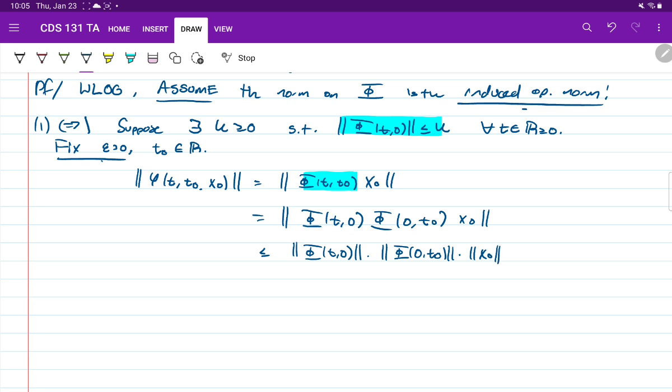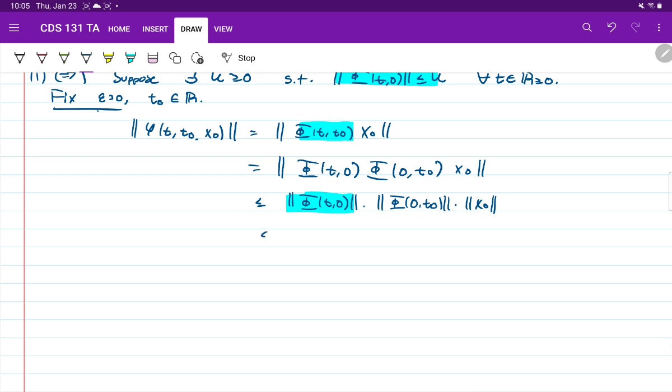Okay, now we can go ahead and apply our bound, right? Because we recognize that's the quantity that we know how to bound, all right? So we go ahead and apply this. This is less than or equal to k times the norm of phi of 0, t naught, multiplied by the norm of x naught, okay? What we wanted was to make this less than epsilon for all time, all right?